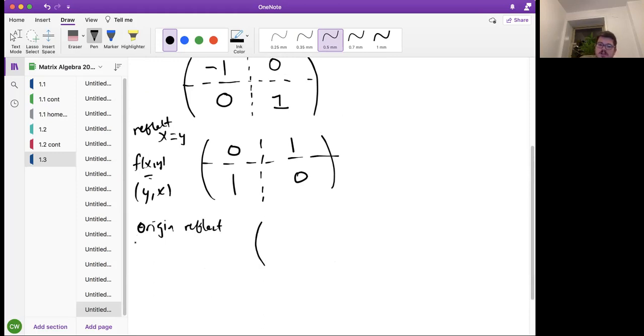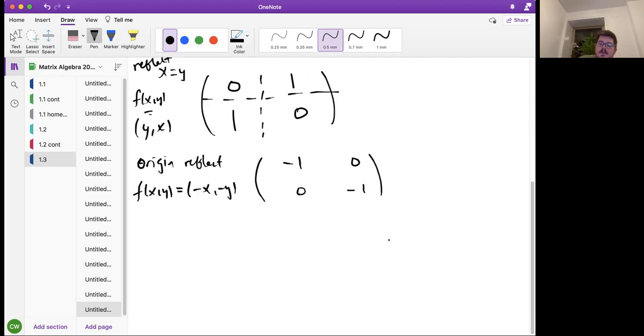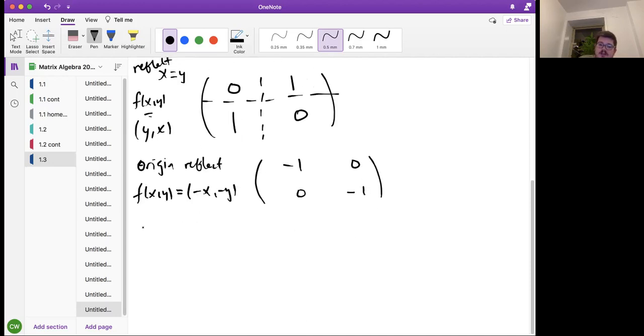Origin reflection, that was f of x, y equals -x, -y. We have -1, 0, 0, -1. And then for 90-degree rotation, it's -y, x, so it would look like 0, -1, 1, 0.